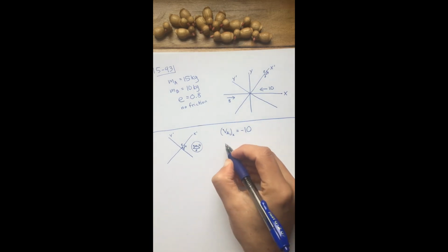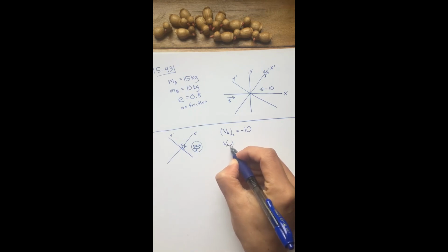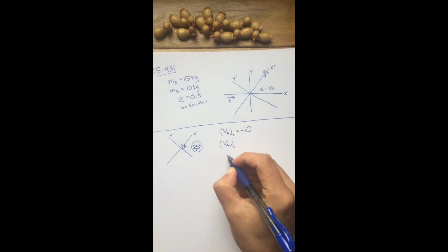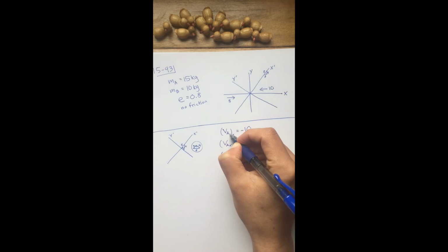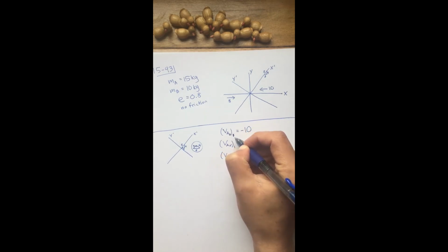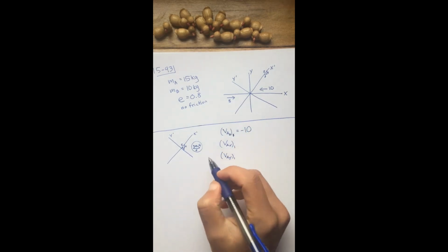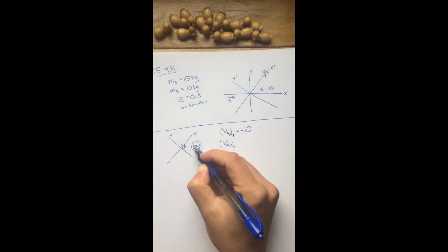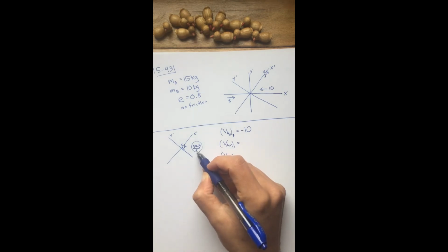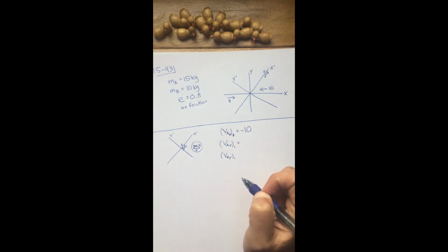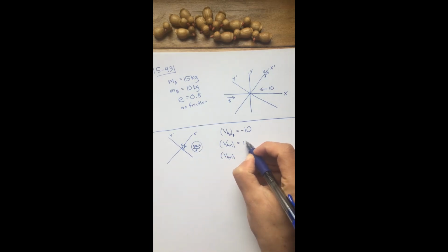So to get the components there, that would be VAx'1 and VAy'1, and this should have been VAx1. So the x prime component, that's this way. So to get that, that would be the negative 10 times 3 divided by 5.